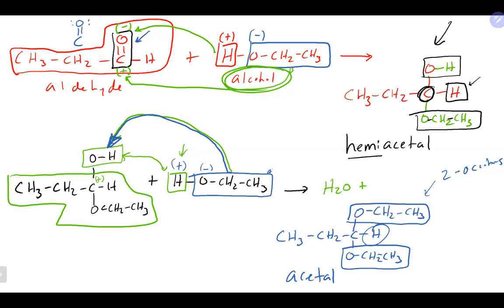So if we look at one here, and again, it doesn't really matter what your aldehyde looks like. It could be small. And we could take our alcohol here. Make a nice small one. Again, if we add our first alcohol, we're going to make our double bond into a single bond to make room for the addition.